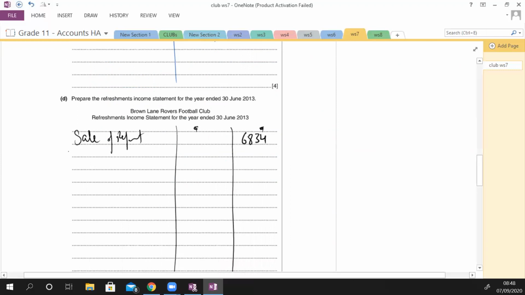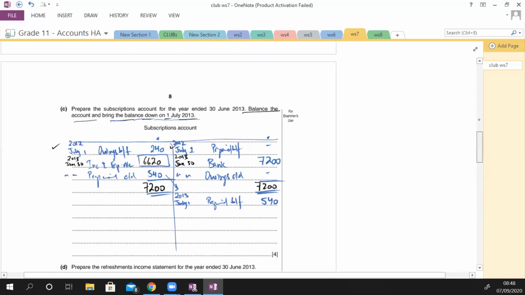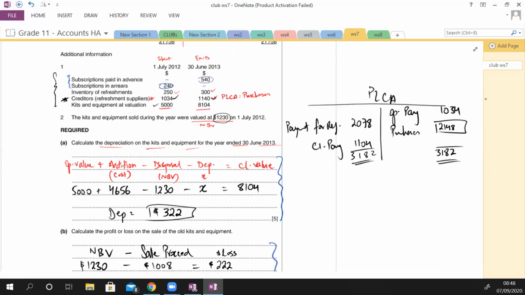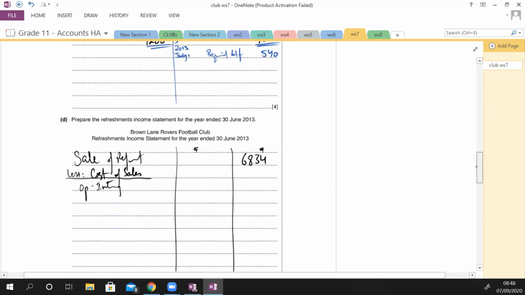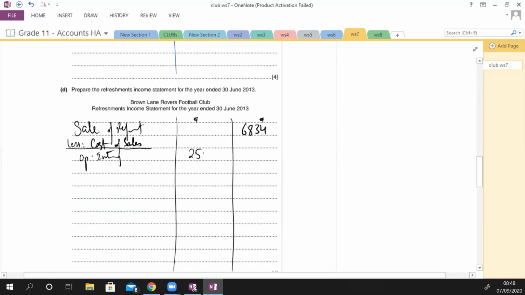Less cost of sales: opening inventory of refreshment. Stock of refreshment is given, opening and closing. Opening is 250, closing is 300.